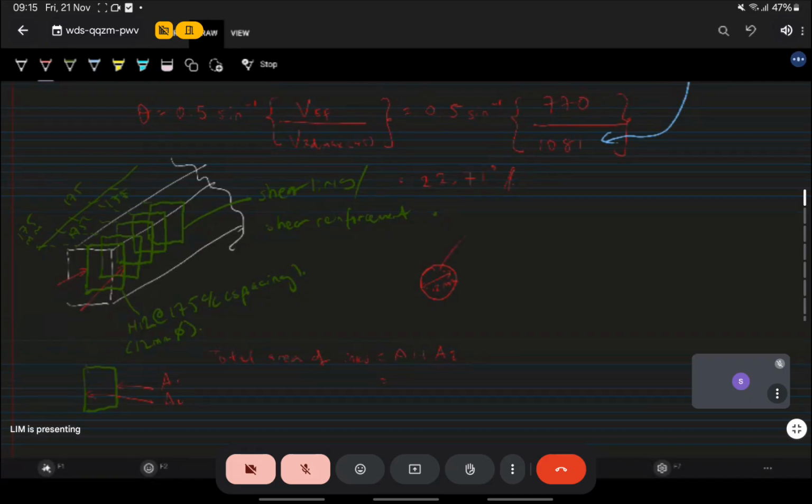What is the area? Calculate the area of a circle with a diameter of 12 millimeter. What is the area of a circle? Pi r squared, or pi D squared over four.